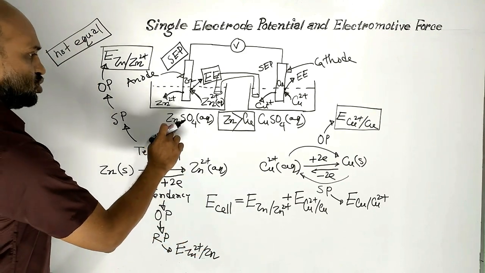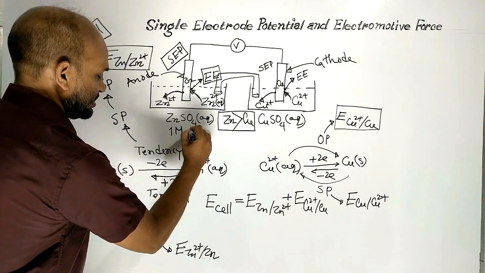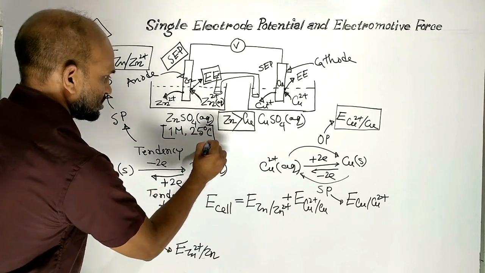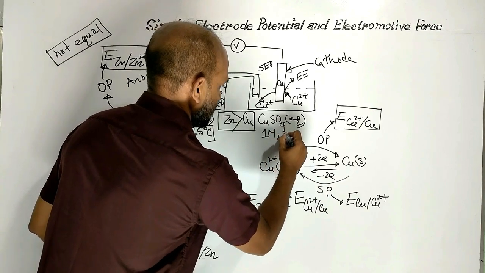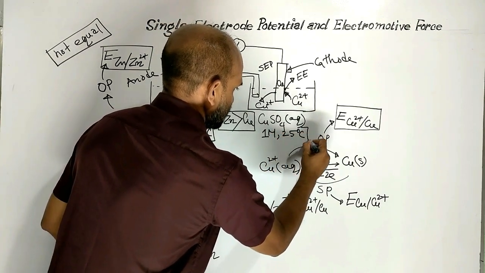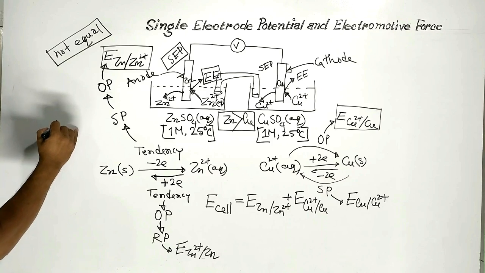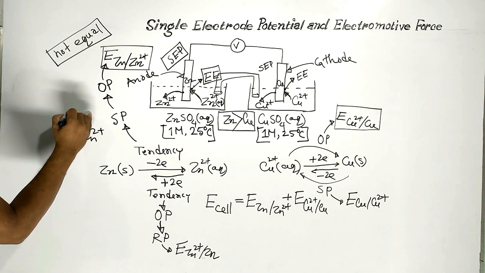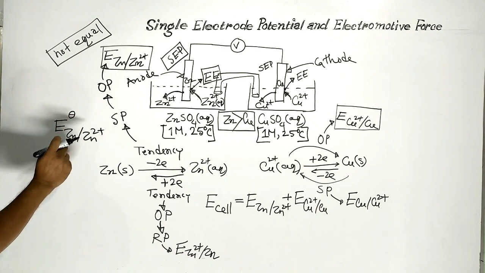Here, when the concentration of this solution is 1 molar and it is at 25 degrees Celsius temperature, this solution as well, concentration 1 molar at 25 degrees Celsius, then the oxidation potential is called standard oxidation potential, denoted by E0 or E theta.